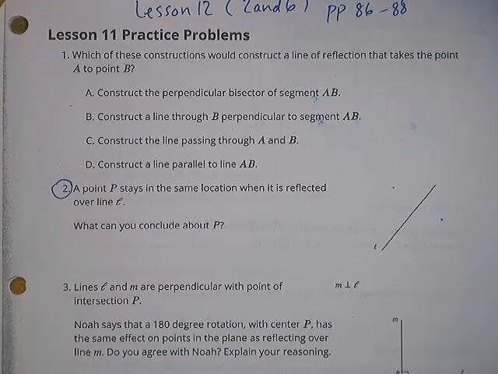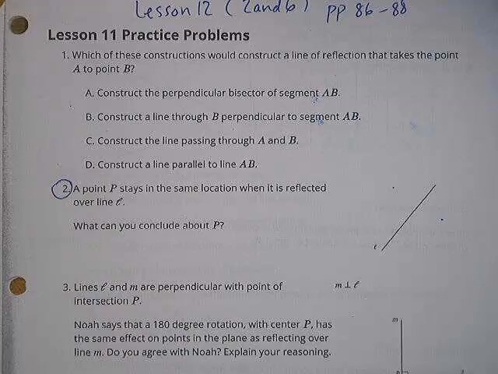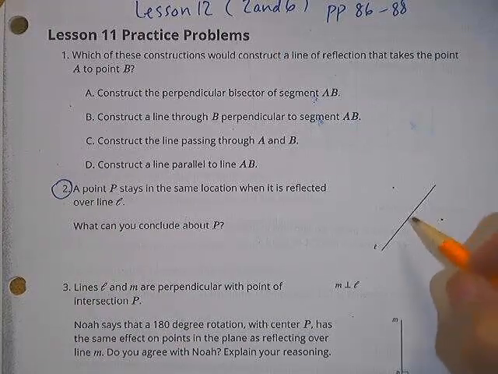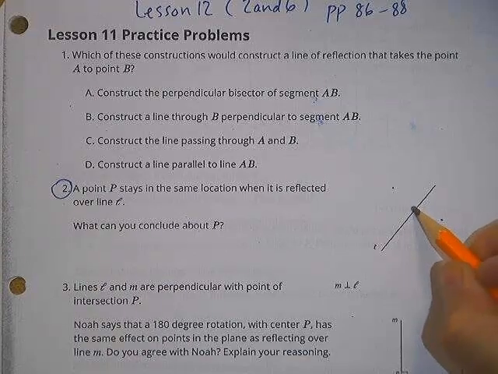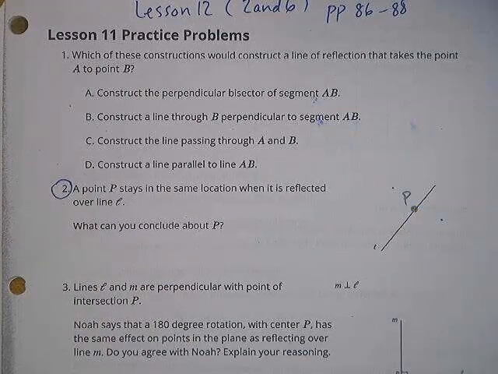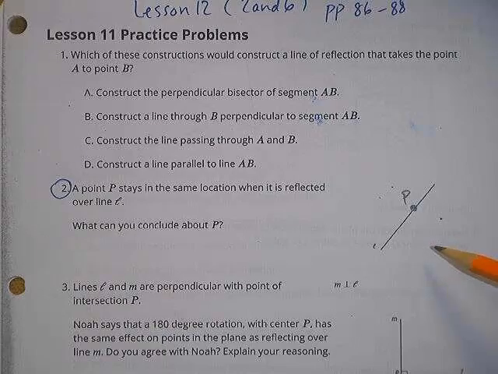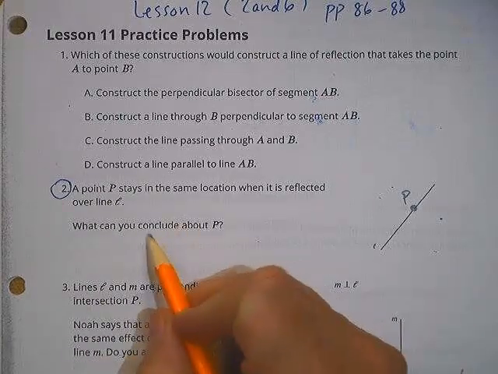And they're asking to place point P at a location so that when you do the reflection of it, it will not move. So hopefully you concluded that point P has to be on the line. Otherwise, point P will be moving from one side of the line to the other side of the line. So point P must be on the line.